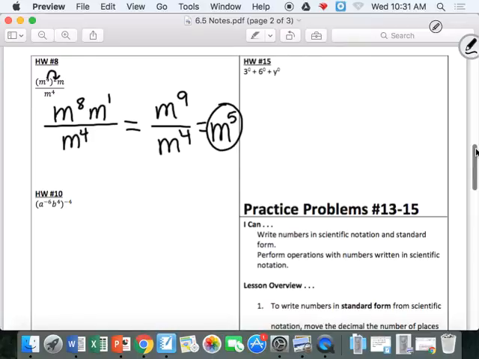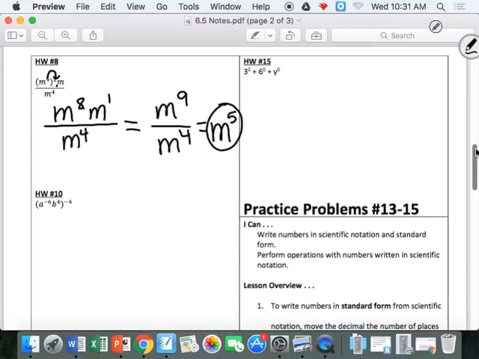All right. So that one we combined all 3 rules that we learned last time: power rule, product rule, and quotient rule. For this first one I multiplied because it was a power to a power. So 4 times 2 is 8. But this one is not a power times a power, right? There's no parentheses between those 2 exponents.